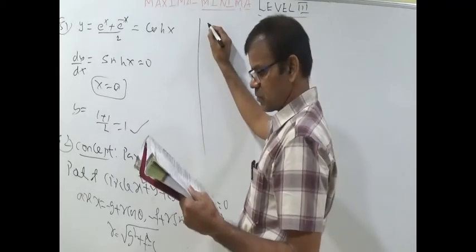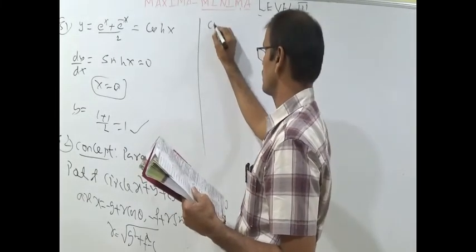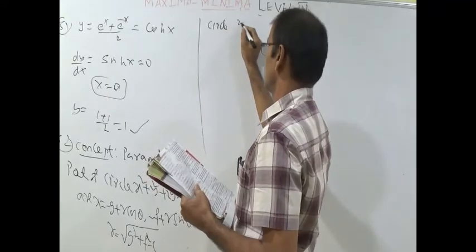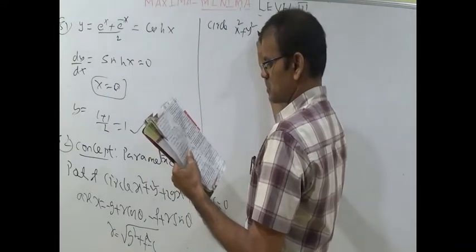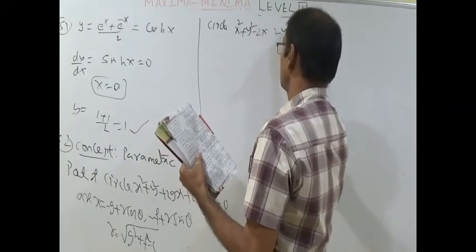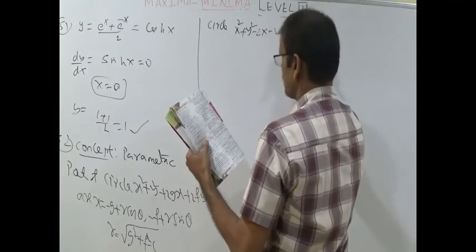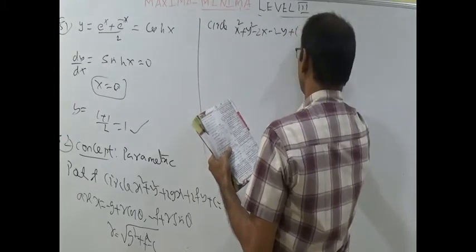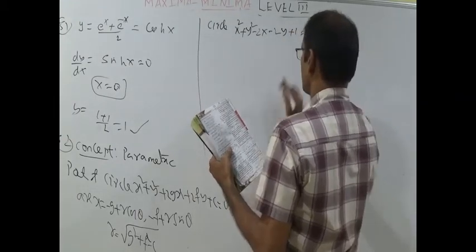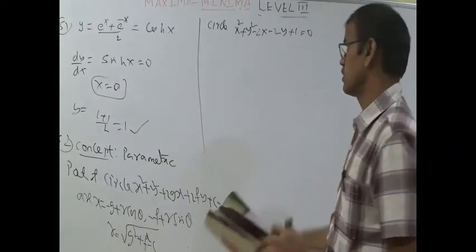Now let us discuss about the question. The circle is given as x square plus y square minus 2x minus 2y plus 1 equal to 0.